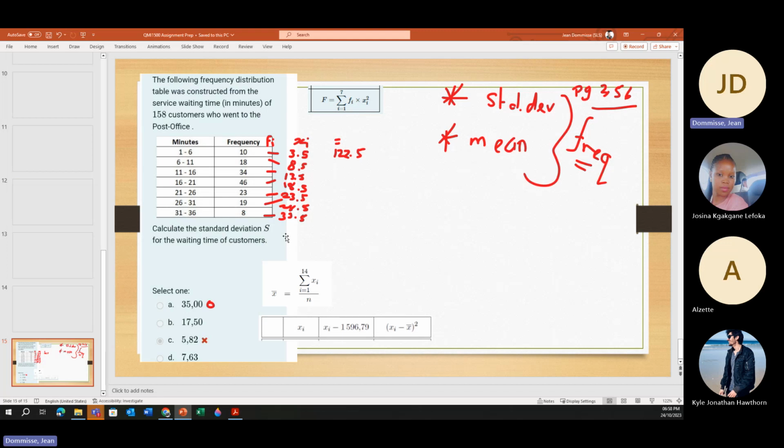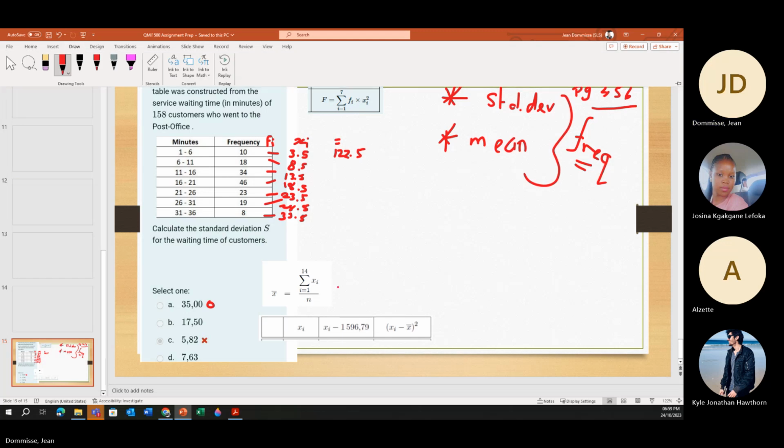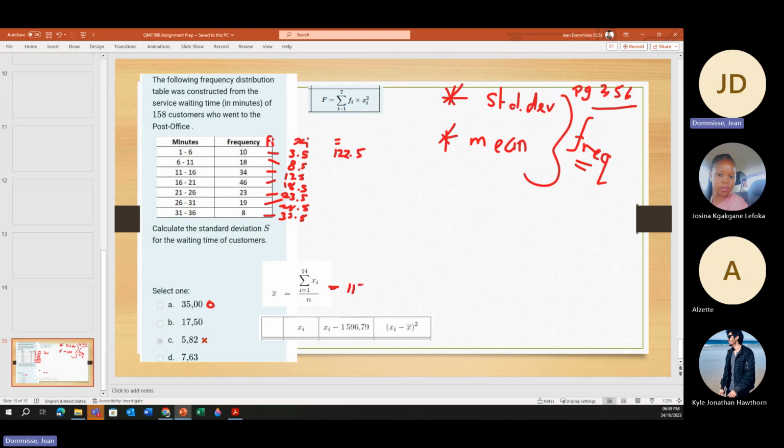Let's quickly do 3.5 plus 8.5 plus 13.5 plus 18.5 plus 23.5 plus 28.5 plus 33.5. Okay, I got the sum as 117.5. I will just go and check that again.